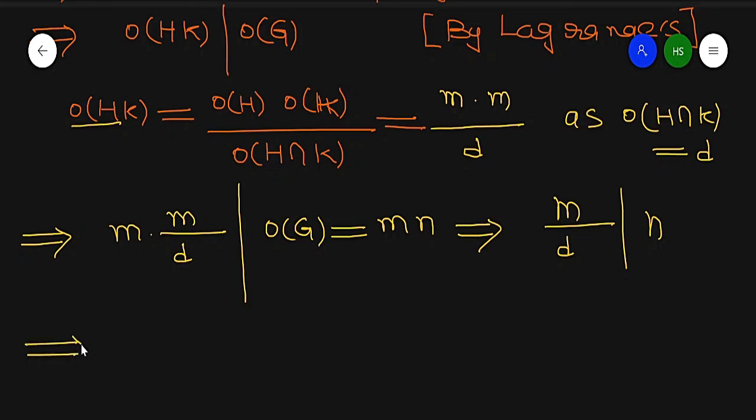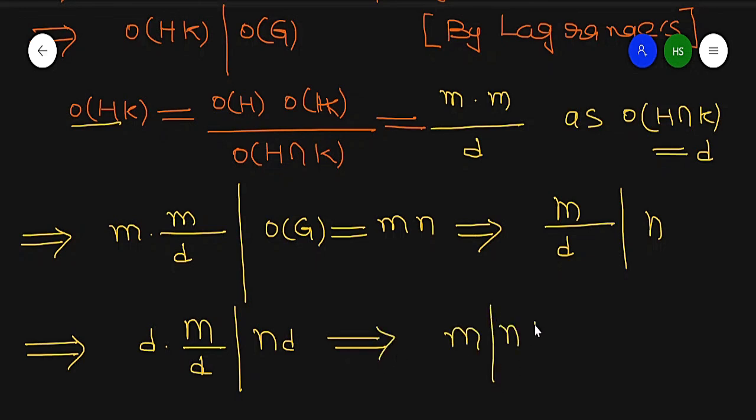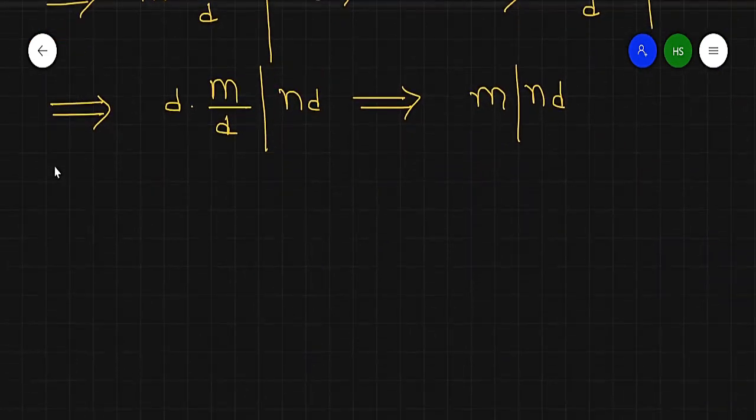So if we multiply by D, D into M over D divides N into D. So it implies M divides ND. In the given part, the GCD of M and N is equal to 1.